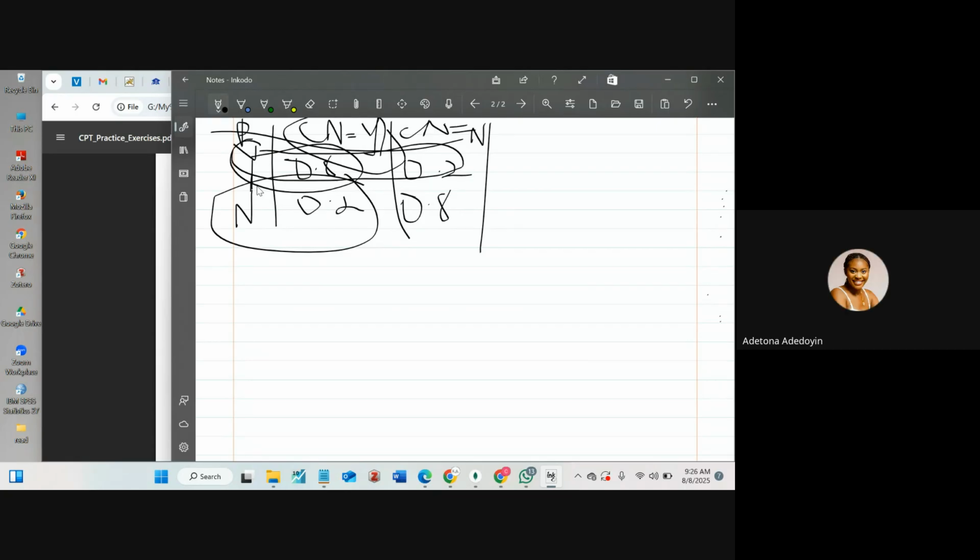For the 0.2, this shows that when the punctuation is present, the capitalized noun is not present. Yes, go ahead. When the punctuation is not present, there is a 20% chance that the capitalized noun is not present also.